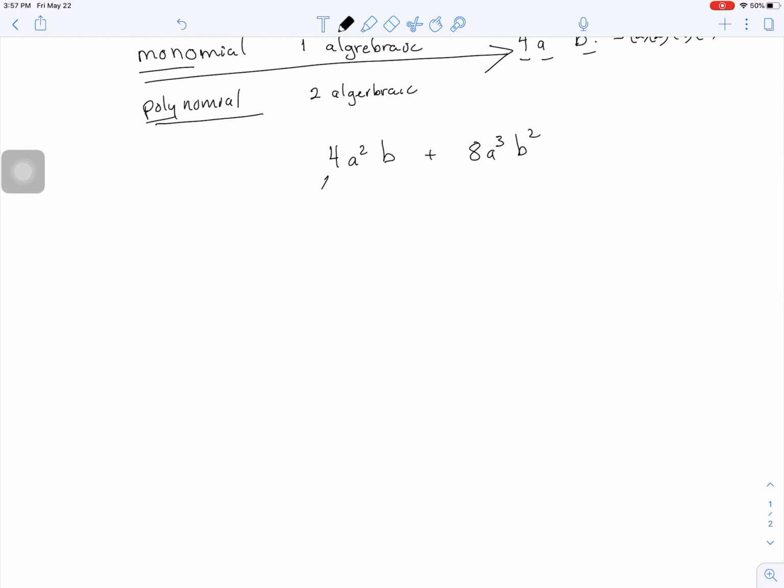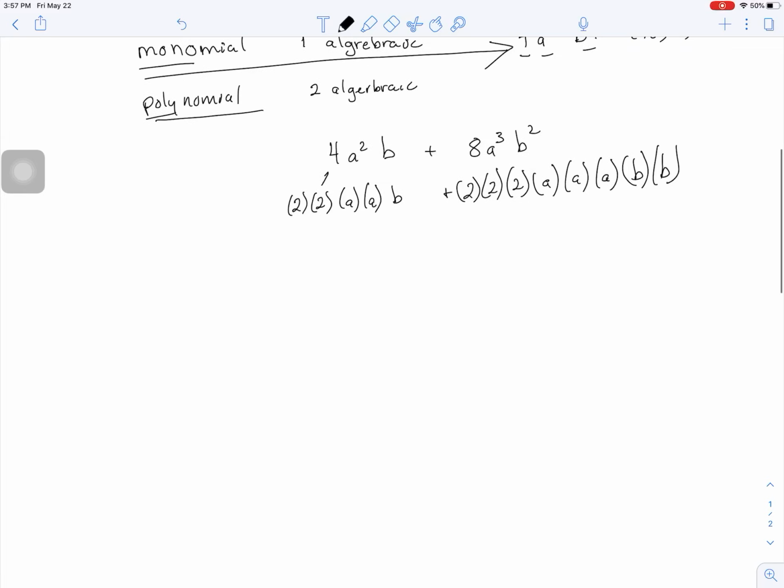Factoring them out means that if you would actually factor the single ones, you'd have 2 times 2 times a times b plus 2 times 2 times 2 times a times a times a times b times b.